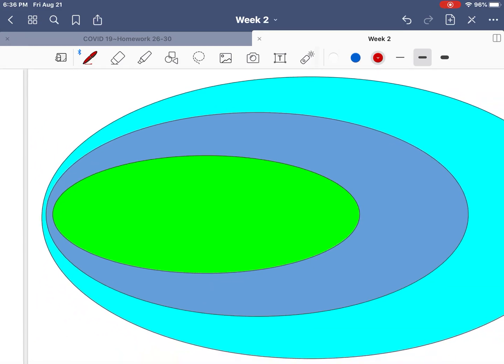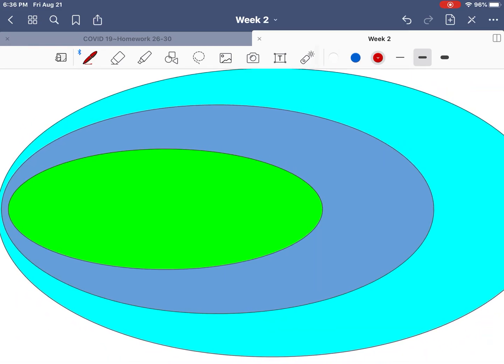So if I were going to label this Venn diagram with integers, whole numbers, and natural numbers, the biggest category would be integers. The middle category would be whole numbers. Oops, can't spell. Whole numbers.